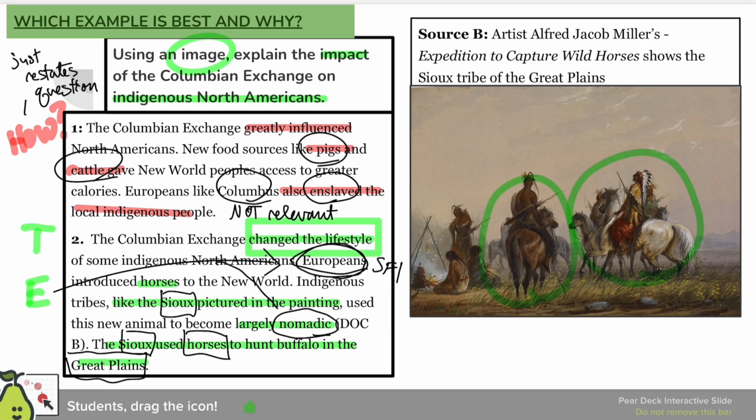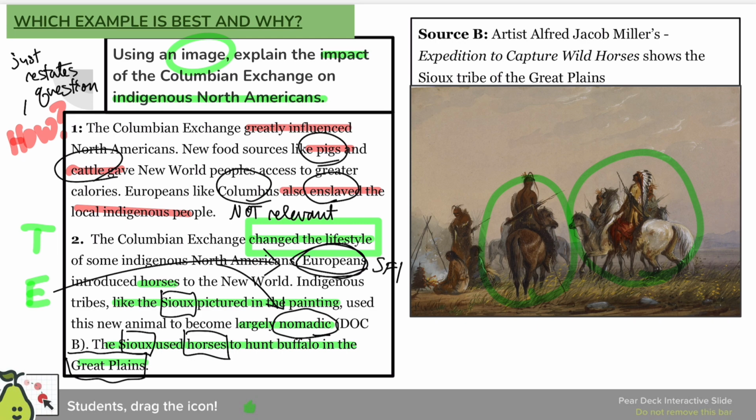In period 1, most of the Native American groups were sedentary. They had civilizations with capitals and kings and infrastructure. Once the Europeans arrive, however, and their empires are conquered, the Native Americans flee. They don't want to be a part of the encomienda, and so they move into the Great Plains, into the Midwest.